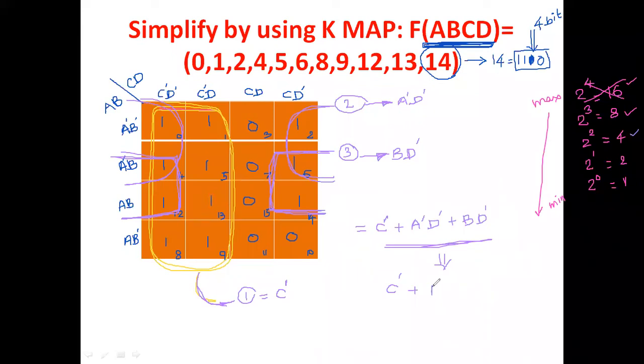So D bar is common, so taken here, then A bar plus B. This is also another step. You can write your answer like this. This is also correct.